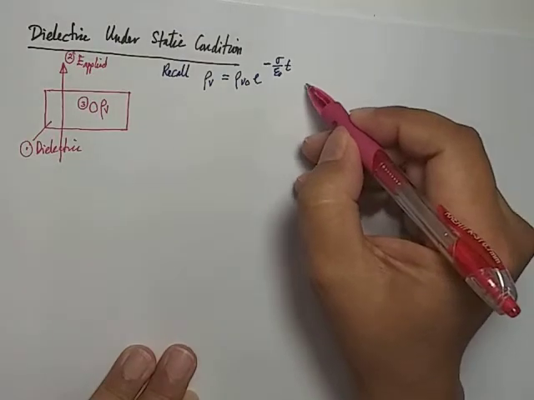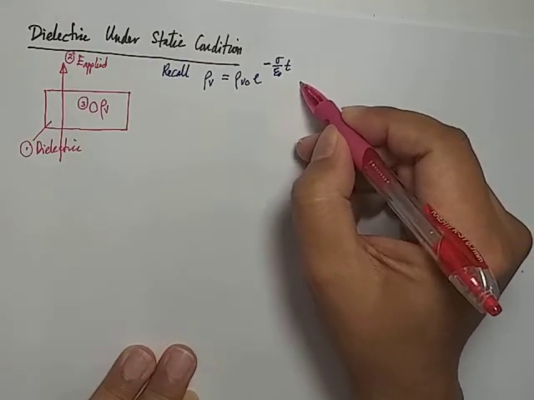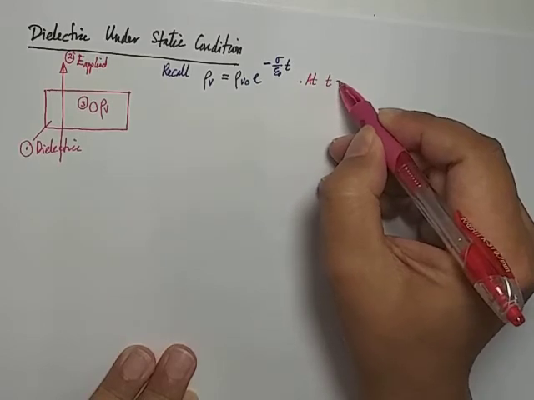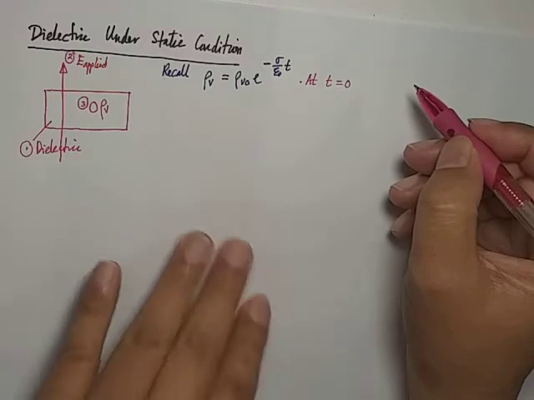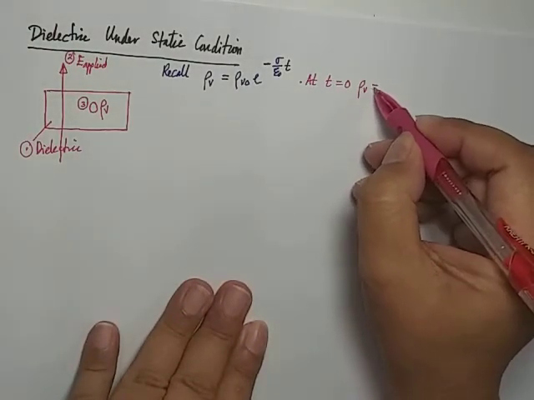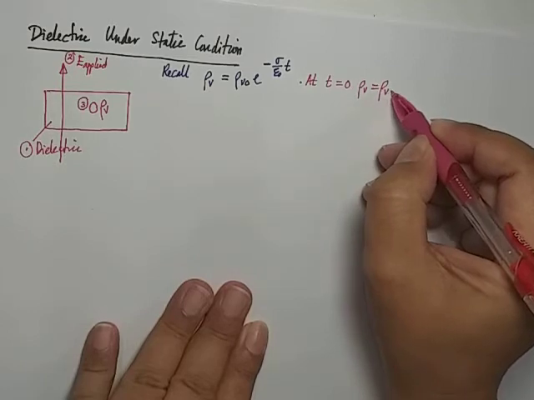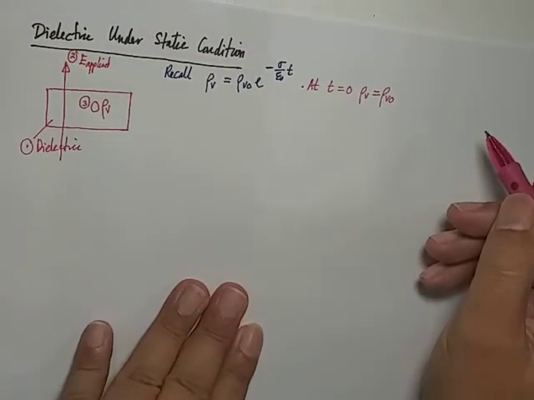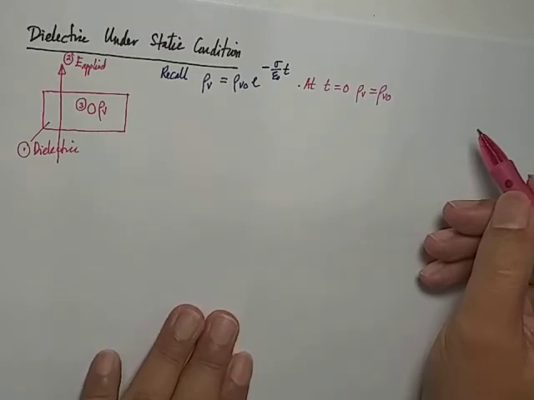At t equal to 0, meaning before the material is exposed to the electrostatic field, rho v is equal to rho v naught. That is the assumption we used before in the discussion, meaning that there is volume charge.